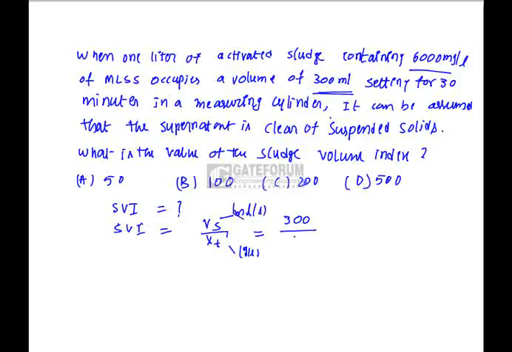So ml per liter divided by 6000 into 10 to the power minus 3 grams per liter, milliliters per gram, that is equal to 50 milliliters per gram. So option A is correct.